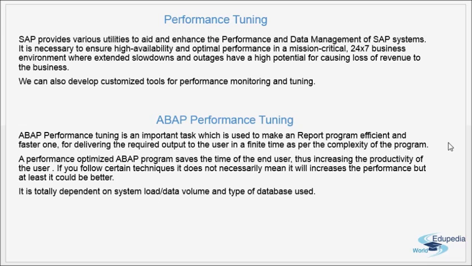When we consider overall performance tuning, ABAP performance tuning means tuning the ABAP reports. But in general, performance tuning means the SAP system along with the hardware resources, whether we have optimal resources or not, IO, everything, the database. So all these things we have to consider.